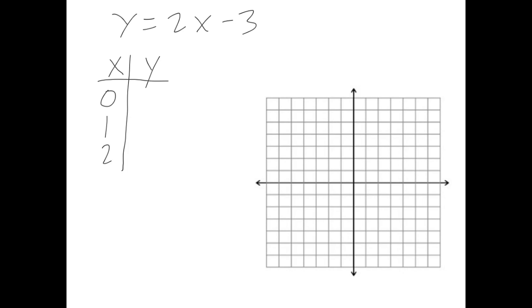And then we plug this in to the equation up top here. So if we plug in 0, we will get 2 times 0, because 0 is now x. 2 times 0 is 0, and 0 minus 3 is negative 3.